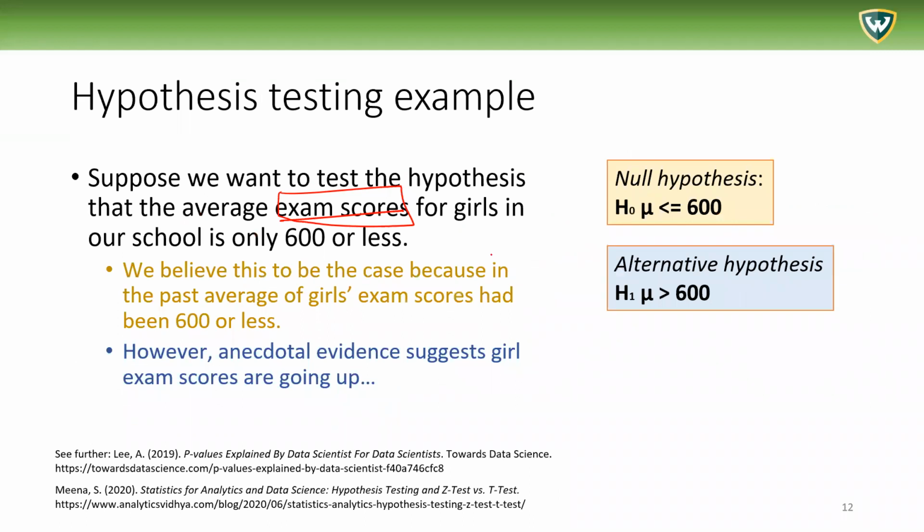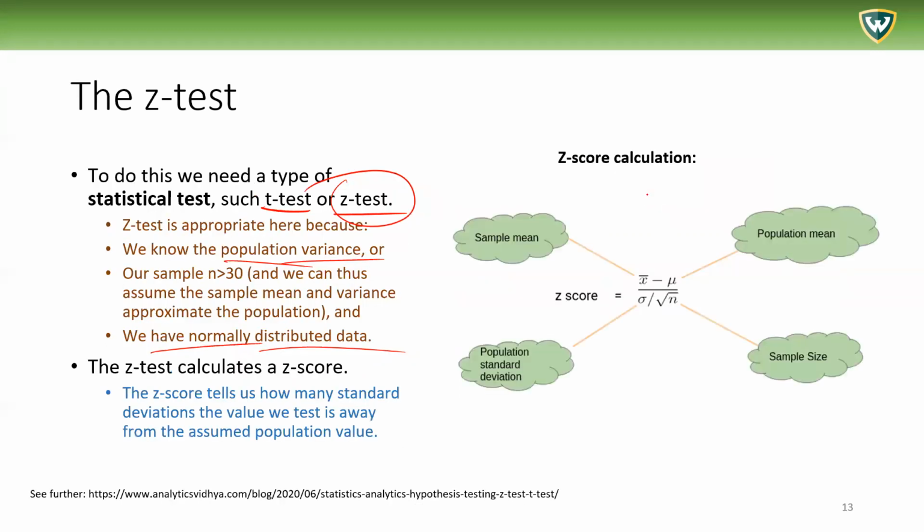If we take a look at it here, we're going to test the z-score. The assumed population value equals 600 or less for the average, but we're testing to see if this comparison, this test of this value, is correct or not.